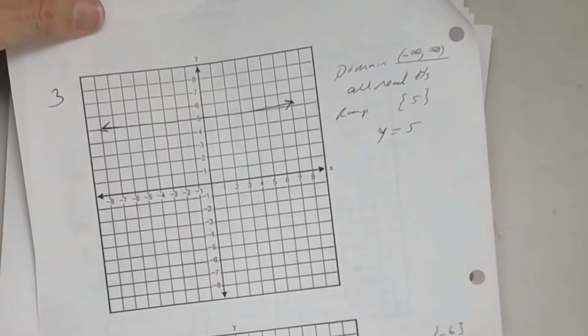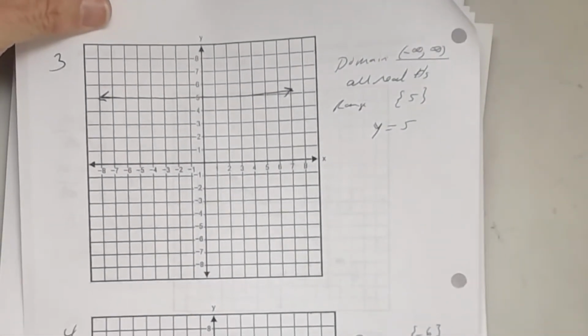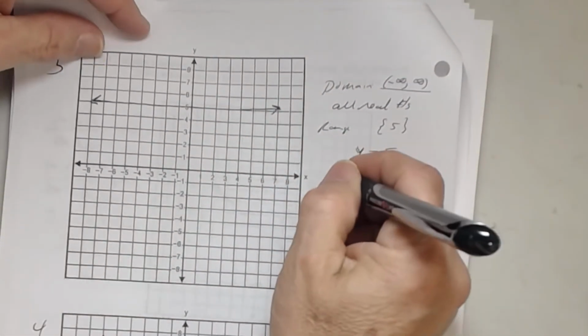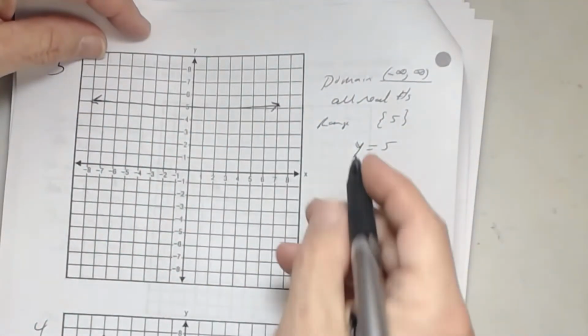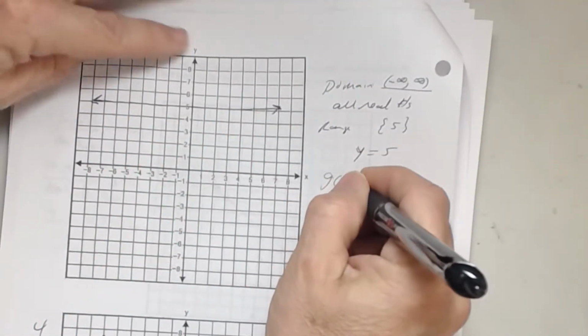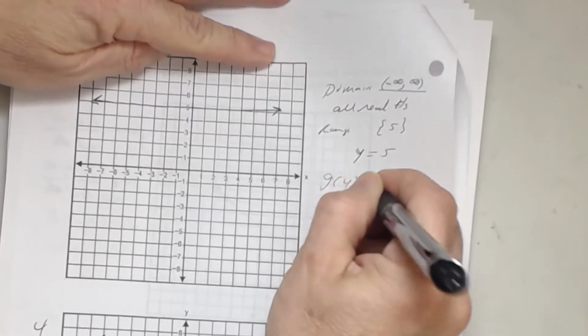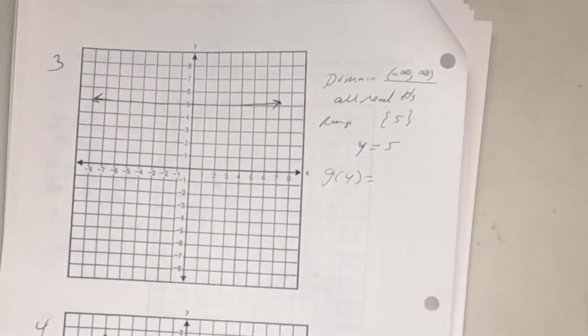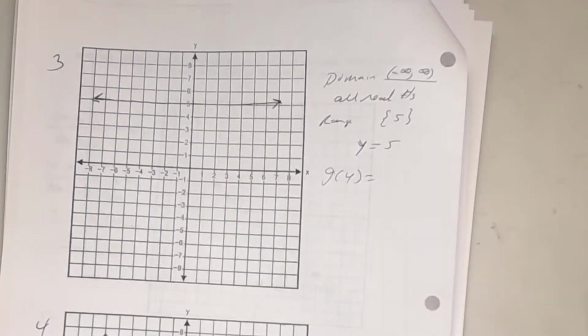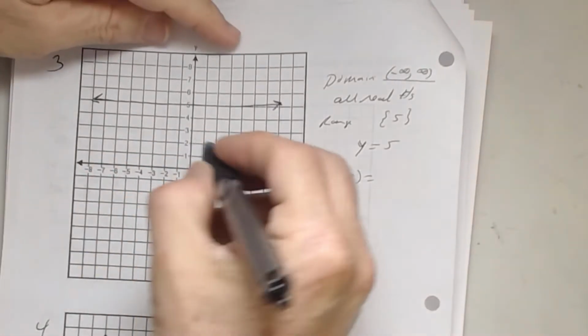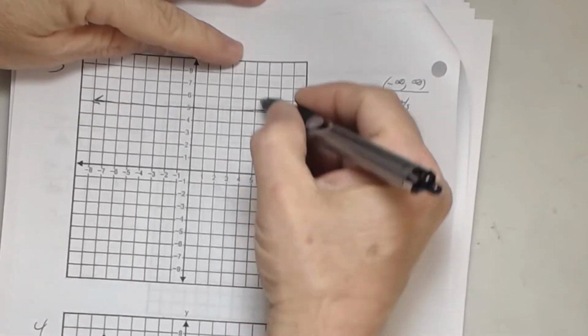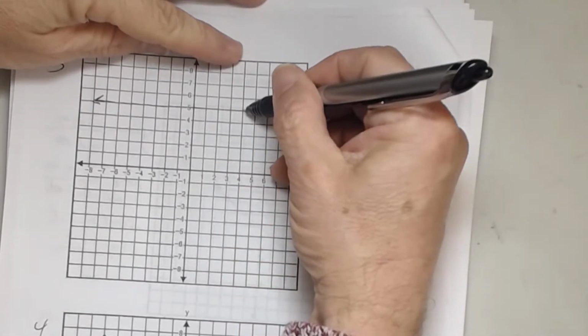All right, is number 3 a function? Yes. So let's find, and this time let's call it g, g of, let's say, 4. What's g of 4, do you think? 5. Because when x is 4, my point on the graph is here.